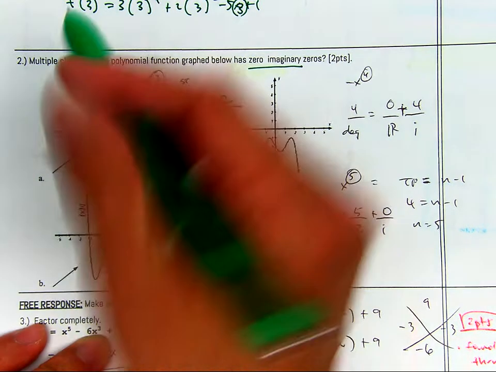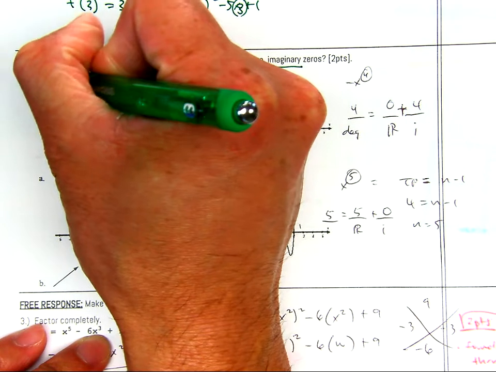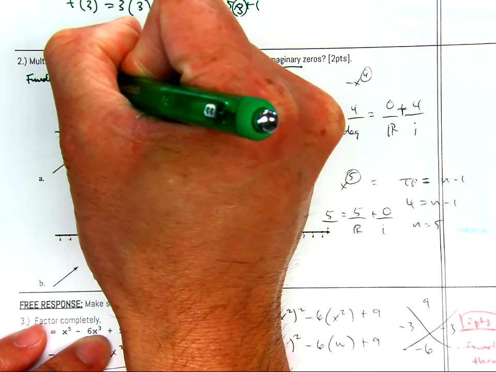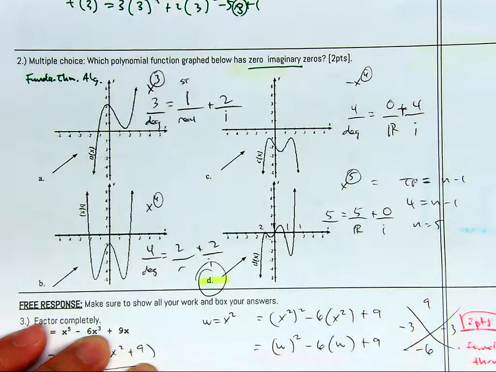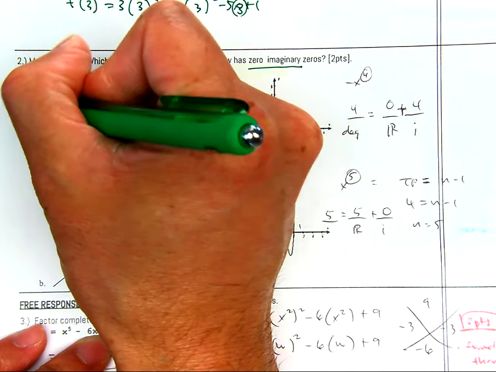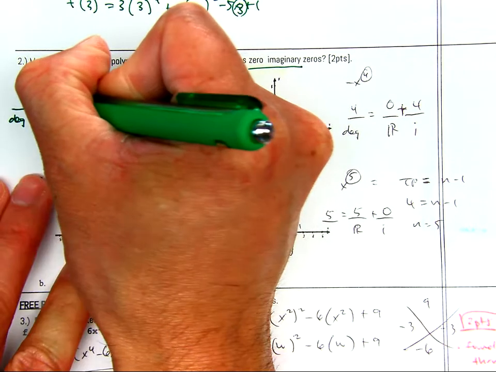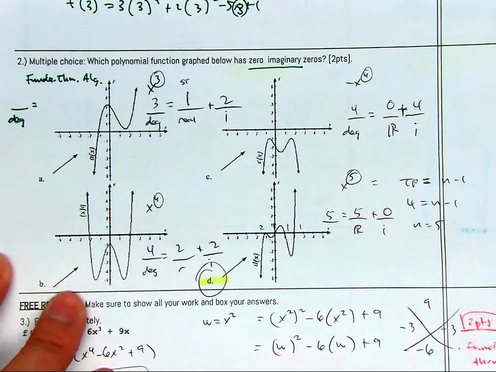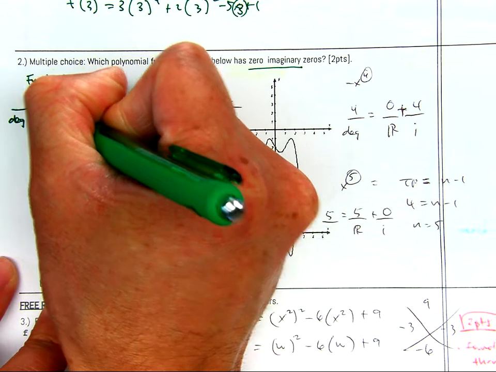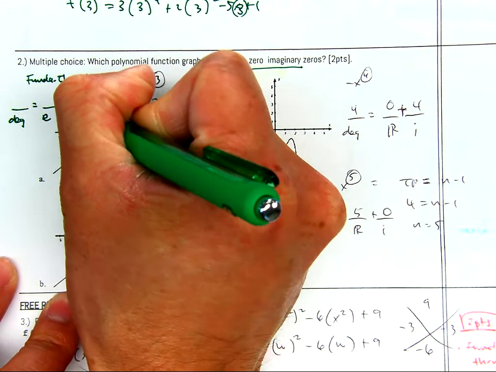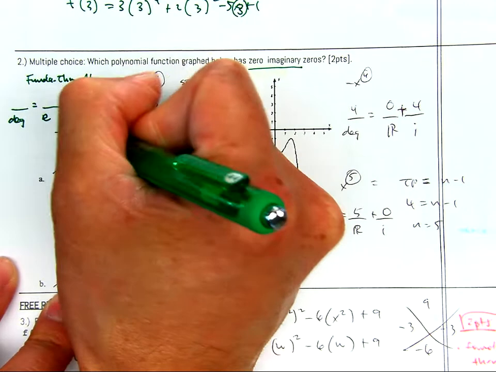So this is an idea called the fundamental theorem of algebra. The degree of your polynomial tells you how many zeros there are. And the zeros are either real or they are imaginary. And remember, imaginary zeros come in pairs.